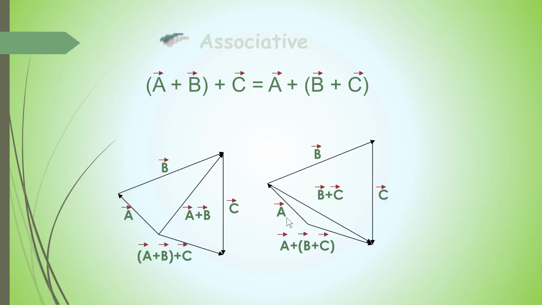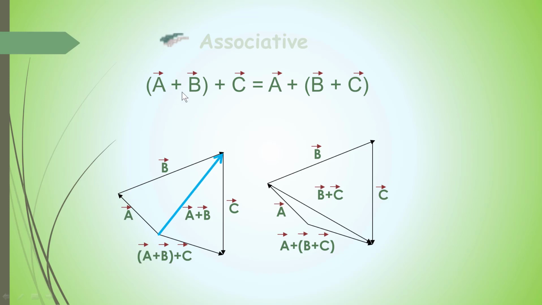Let's check this out. If we have three vectors a, b and c, you can see over here we first solve the parentheses, we first add vectors a and b. We add vector a and vector b, we get the resultant a plus b.